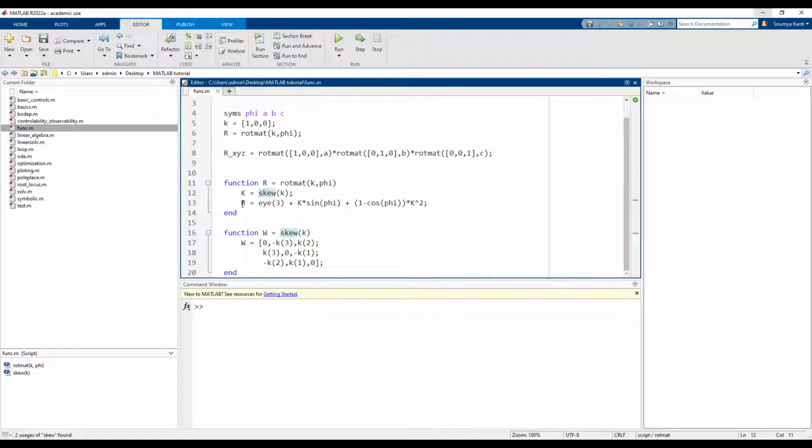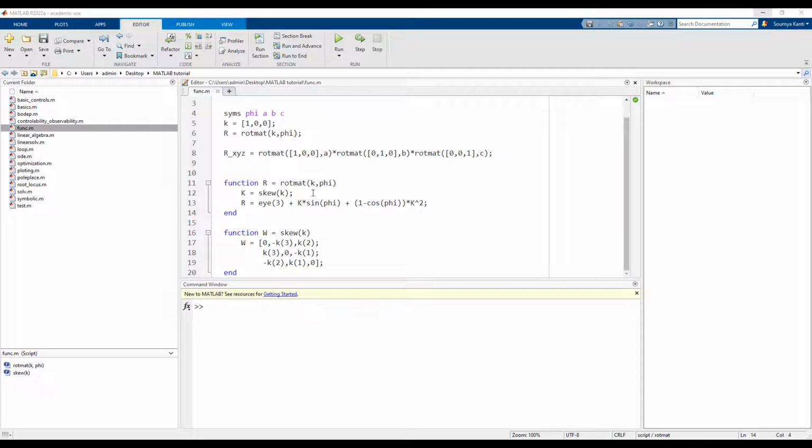And now I am saying that the rotation matrix is the 3 by 3 identity matrix plus K times sin phi plus K squared times 1 minus cos phi. So this is that.